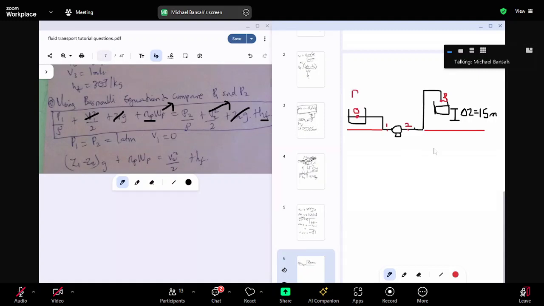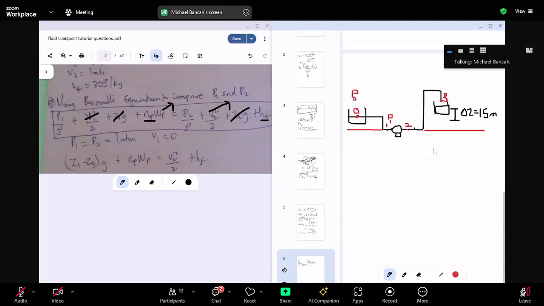Remember, P naught is not the same as the P1 over here. The pressure of the fluid in the tank, which is exposed to the atmosphere, is not the same as the pressure when it is moving through the pipe. Are you getting me? So P naught will be different, P1 will also be different.